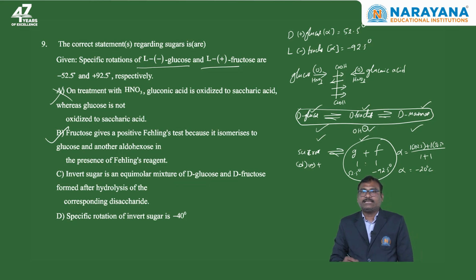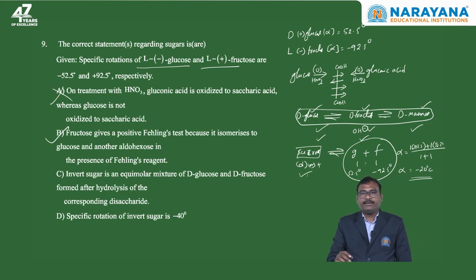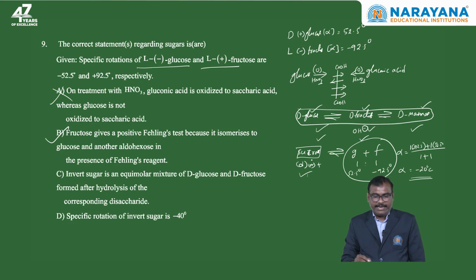That means the specific rotation of the mixture after hydrolysis of sucrose is minus 20 degrees. But before, the sucrose solution is dextrorotatory. Therefore the optical rotation of sucrose changes from dextro to levo. That's why this is also called invert sugar.